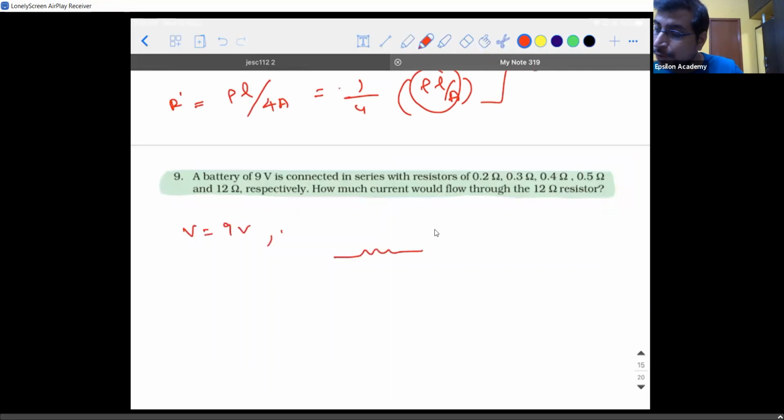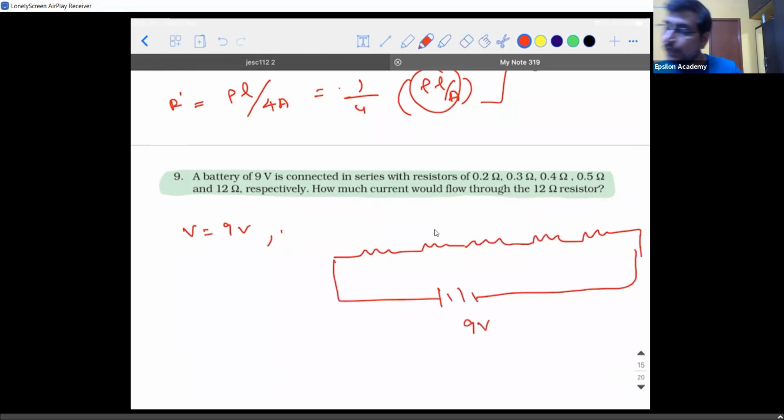So 0.2, 0.3, 0.4, 0.5, and 12 are connected across a 9-volt battery. How much current would be flowing through the 12 ohm resistor?